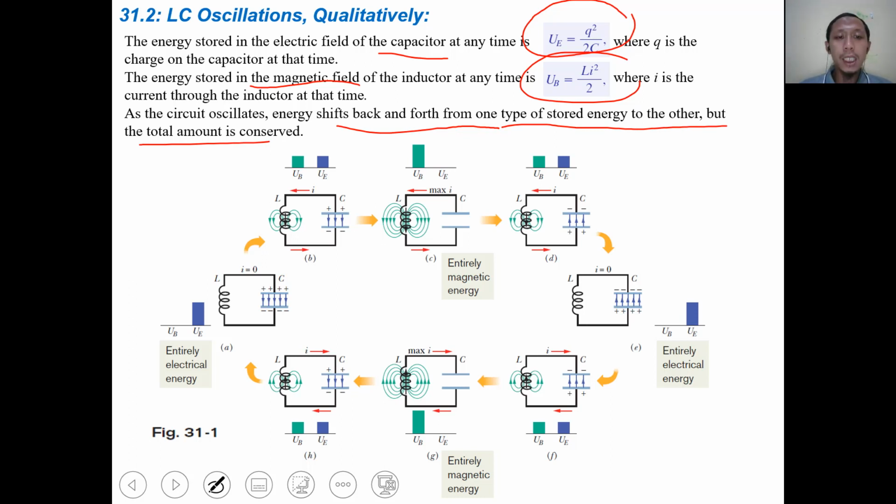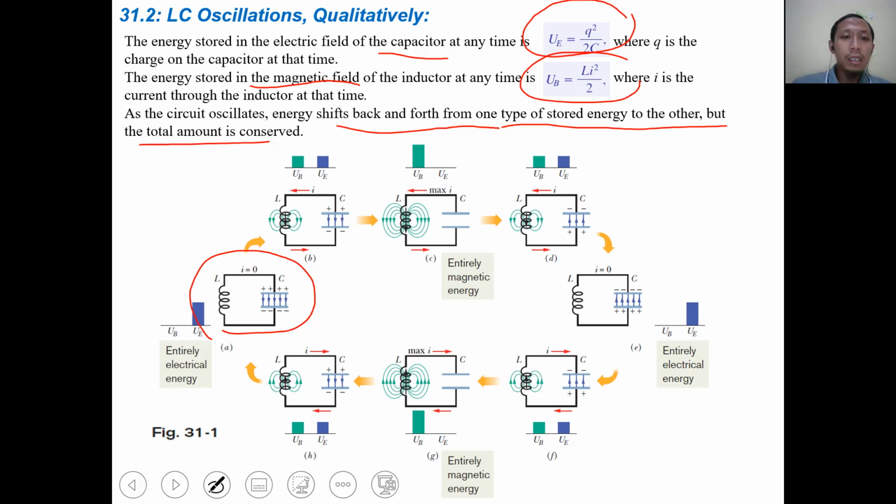If we connect the inductor and capacitor in one circuit in series like this, the energy is stored first like this. At the beginning of the calculation, i is equal to 0, but at that time the charge is stored in the capacitor.